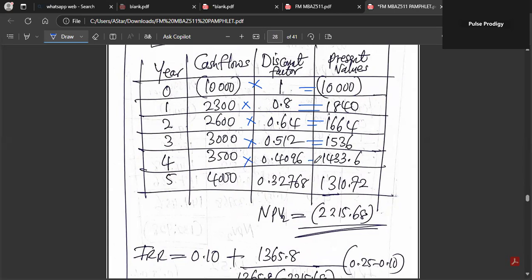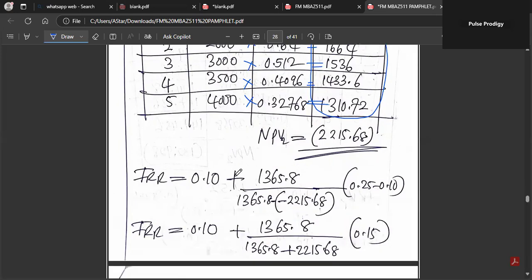So we are simply saying that the net present value here for project Q is negative 2,215.68. Then for the internal rate of return, we substitute this, which was NPV1, and this is NPV2.